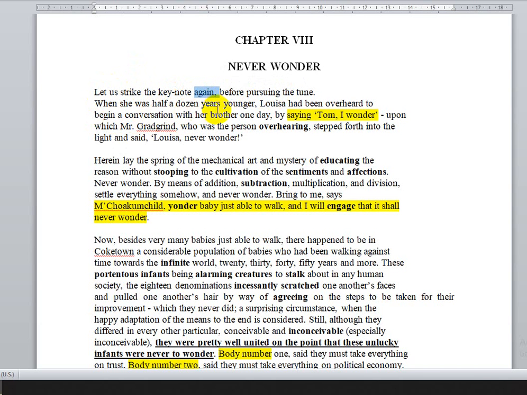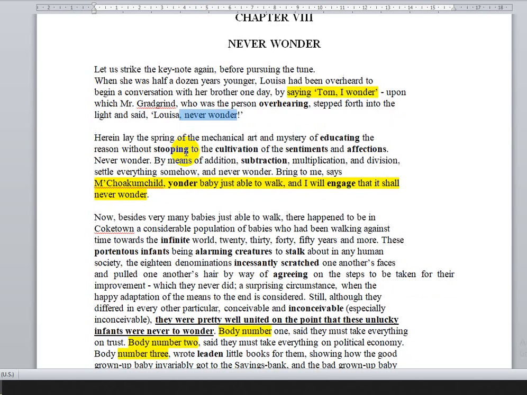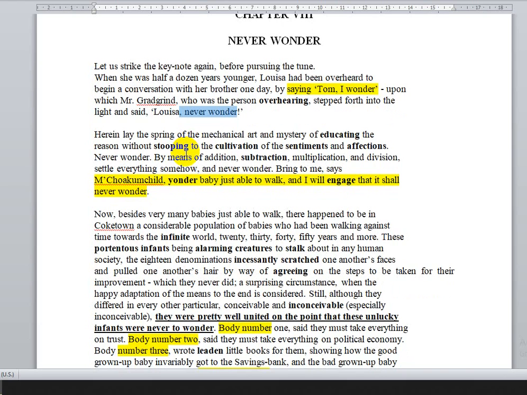When she was half a dozen years young, meaning six years old, Louisa had been overheard to begin a conversation with her brother one day by saying, Tom, I wonder. Upon which Gradgrind, who was the person overhearing, stepped forth and said, Louisa, never wonder. This is a rule in the School of Facts. You are not allowed to wonder.